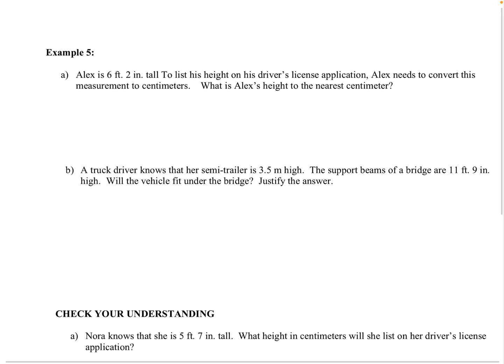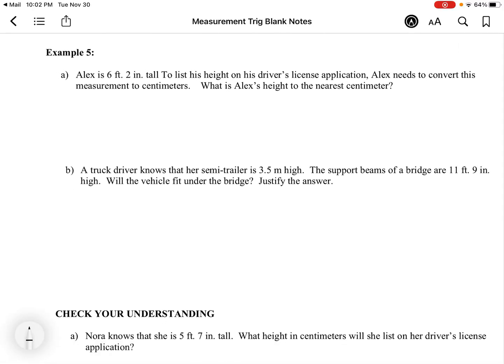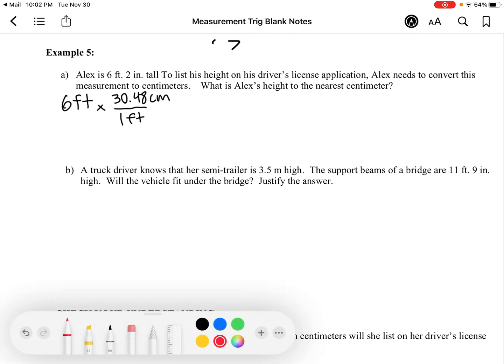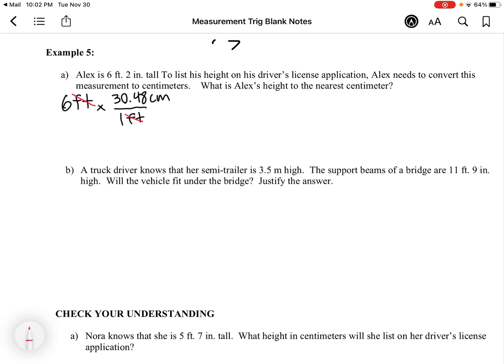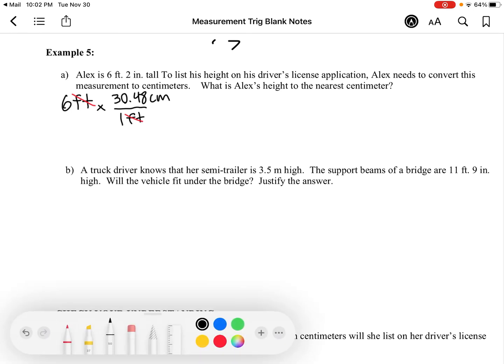Okay, so we want to know 6 feet in centimeters. And I'm just looking at the formula sheet now. 1 foot is 30.48 centimeters. So I want the 1 foot in the denominator and the 30.48 centimeters in the numerator. And then these cancel.